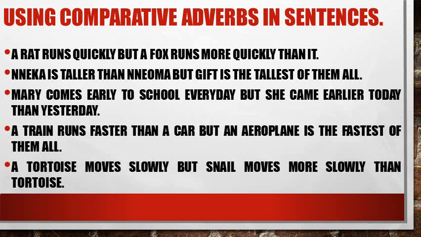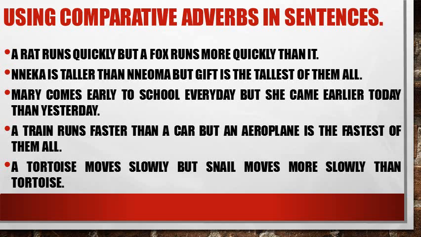So let me give you a run-through of how these sentences go. Number 1: a rat runs quickly, but a fox runs more quickly than it. You can't say a fox runs more quicklier than it.